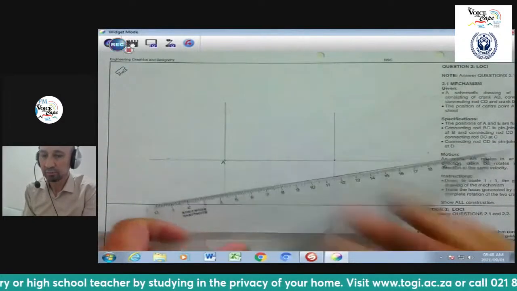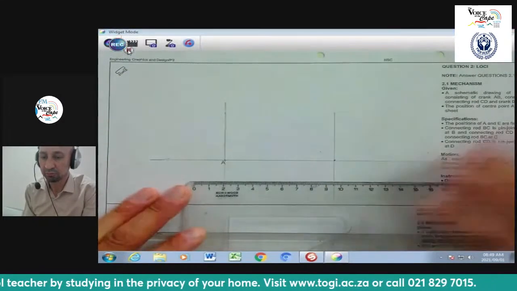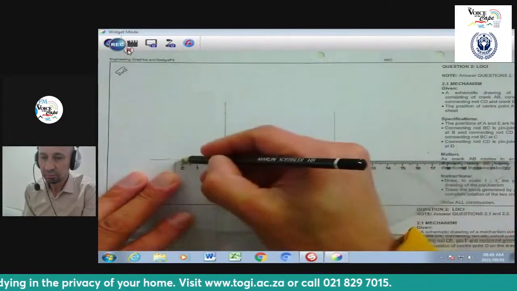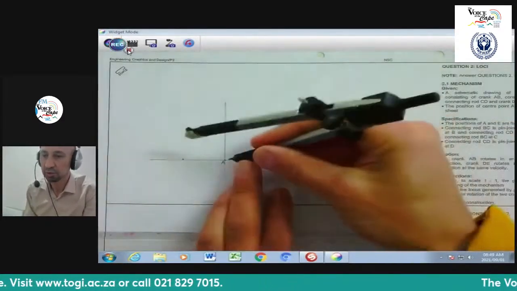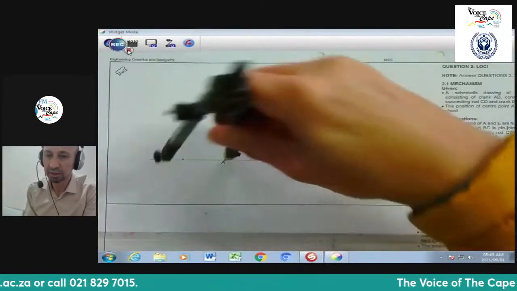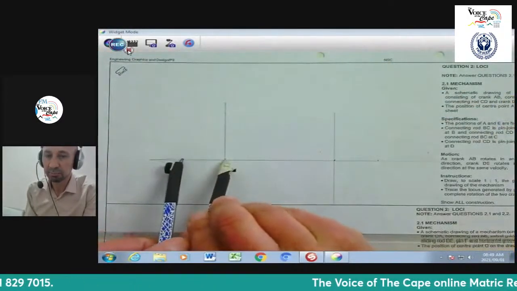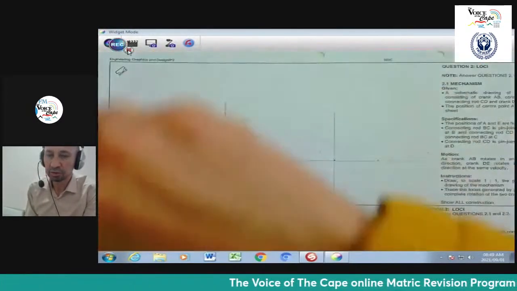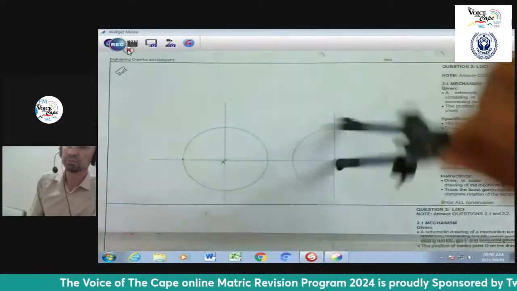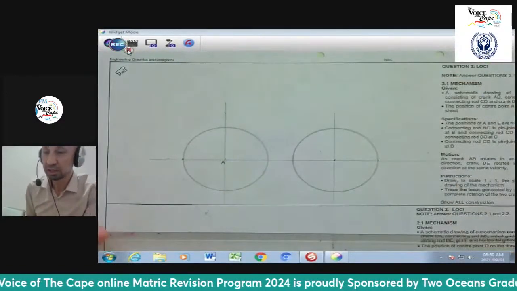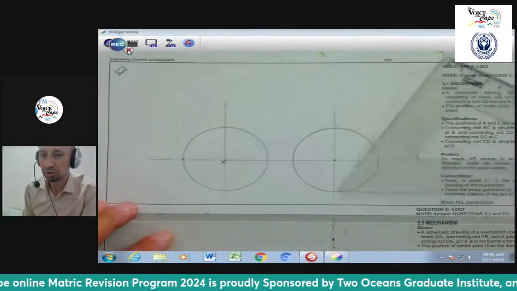And then I'm going to have my radius of, I think it is 30, and both of my cranks are 30. Take my compass and then swing very faintly, because it's not a wheel. It is simply just the motions that are shown on the drawing.